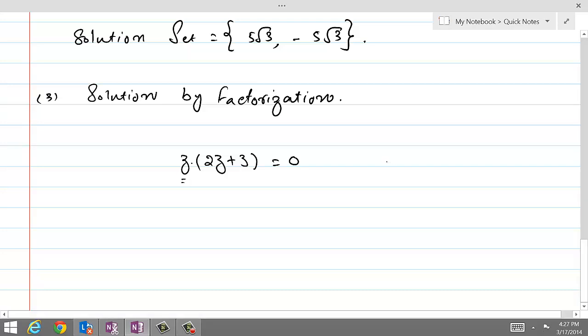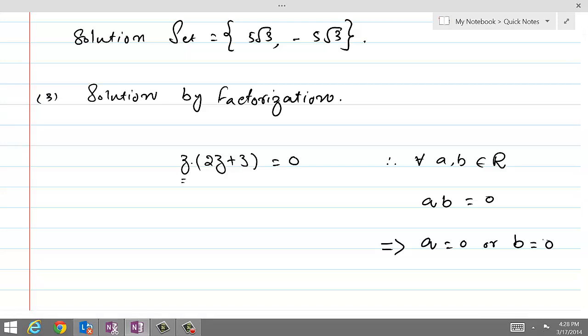The property is that for all a, b belonging to R, means for any two real numbers, if AB is equal to 0, it means that either A is equal to 0 or B is equal to 0. Because if both are non-zero real numbers, their product can never be equal to 0.